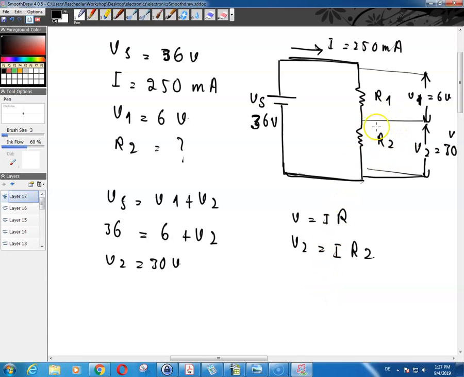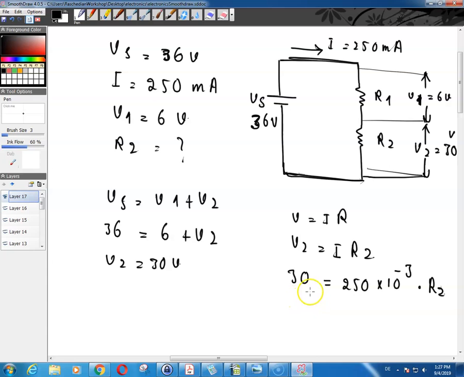So V2 is equal to 30 volts, and the current is 250 milliamps, meaning 250 into 10 raised to the power negative 3 amps, times R2.